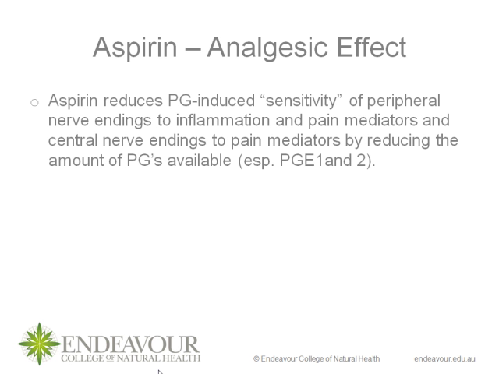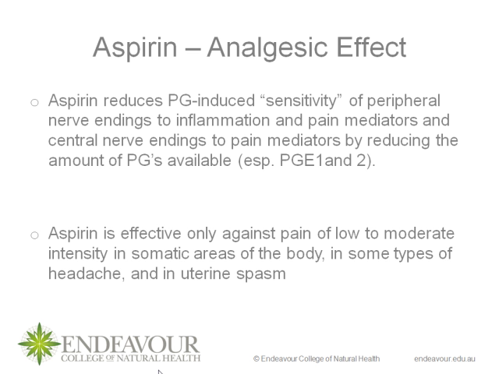If you are blocking these pain mediators, then there is some CNS reduction in pain, so an analgesic effect peripherally and perhaps centrally with aspirin. However, aspirin, as we said, is only effective against low to moderate intensity pains. Certain somatic areas of the body respond better, such as headache and uterine spasm.